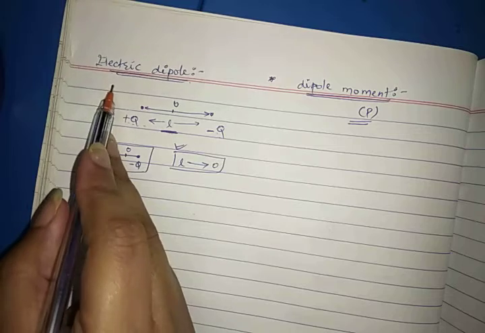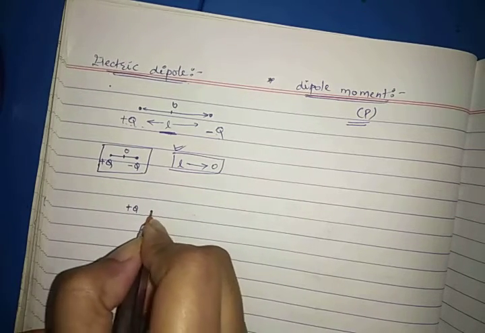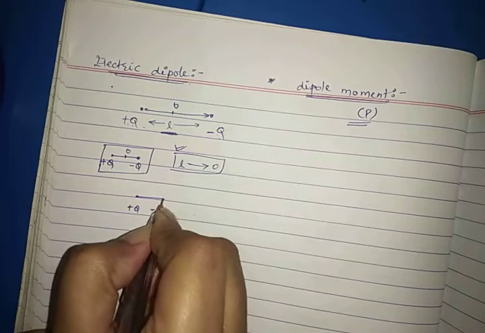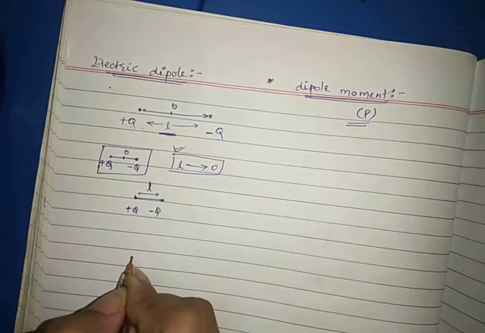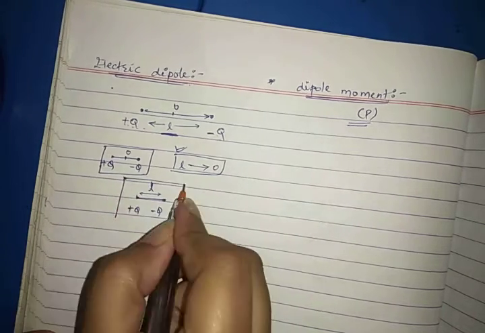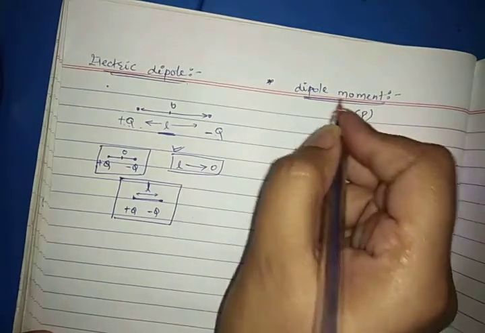Have you understood what is electric dipole? Electric dipole is nothing but when two equal and opposite charges are placed such that the distance between them is very less, then this kind of arrangement is known as electric dipole. And to find out the strength of this electric dipole arrangement, the term used is known as dipole moment.